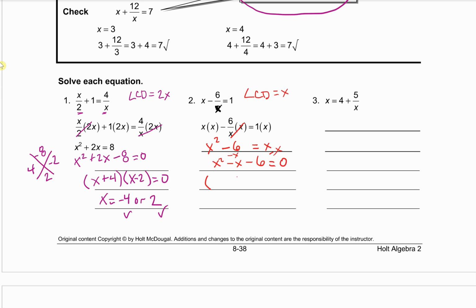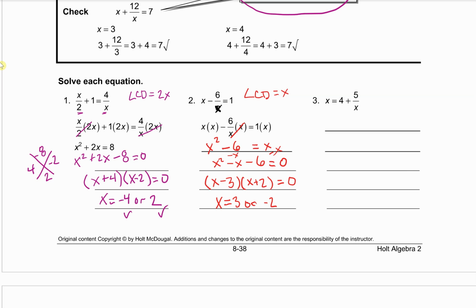Factor it. That is going to be x minus 3 and x plus 2. Trust me on this one, it is. Remember, I told you after you've done enough of these, you'll be able to do them in your head. So we get x equals 3 or negative 2.